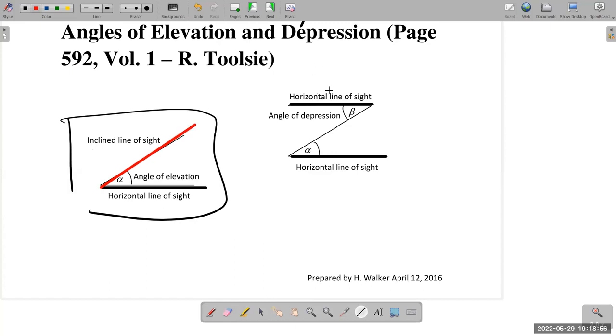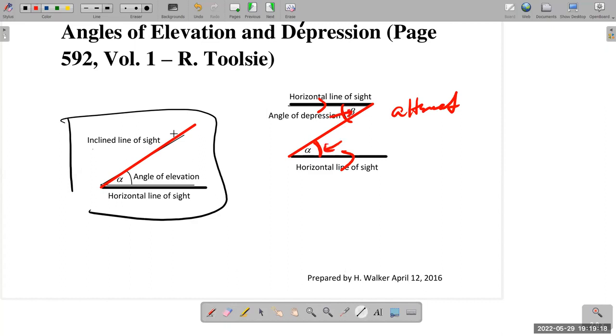If it's an angle of depression, you're going downwards from the horizontal line. And if you look at this, wouldn't this line be parallel to this line here? What type of angles are alpha and beta? What type of angles are those? They're alternate angles. So whatever this angle is here, is this angle here.